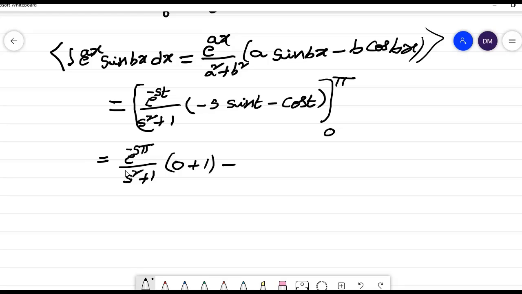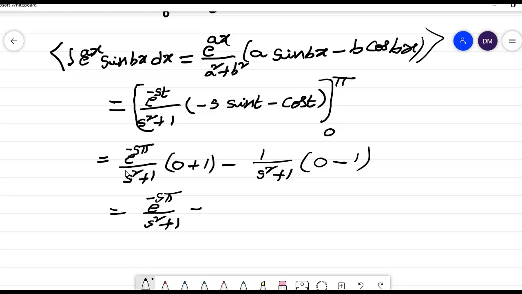Minus, substitute the lower limit: e power 0 is 1, by s square plus 1 into sin 0, which is 0, minus cos 0, which is 1. So this is equal to e power minus s pi by s square plus 1, plus 1 by s square plus 1.